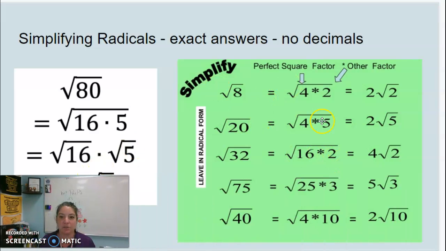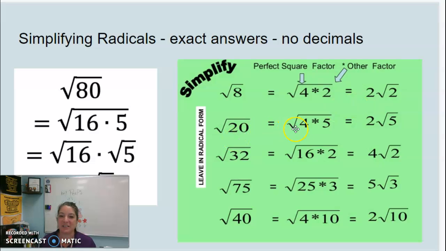If we take a look over at the green one, right, the square root of 8, again, you're looking for perfect squares. So 4, 9, 16, 25, 36, 49, those kinds of numbers, okay? So the square root of 8 becomes the square root of 4 times 2, and since the square root of 4 is 2, that's what you write, 2 root 2.